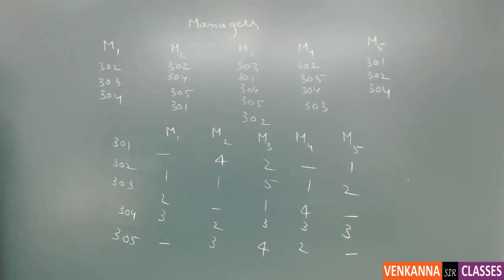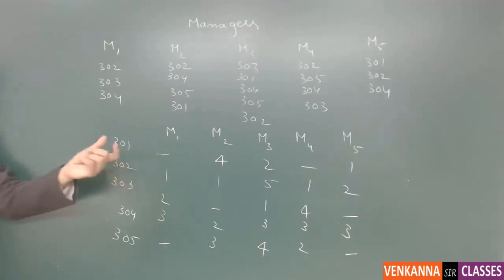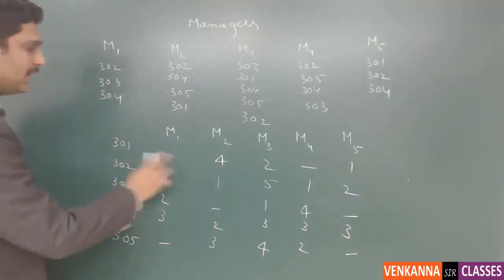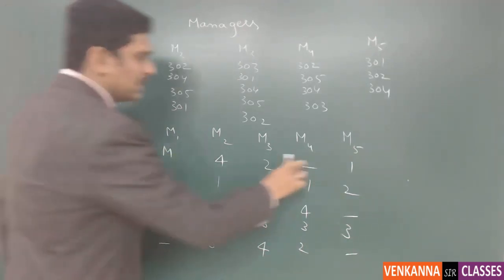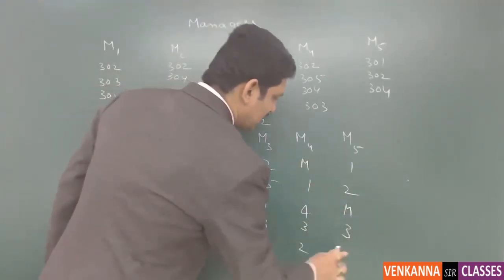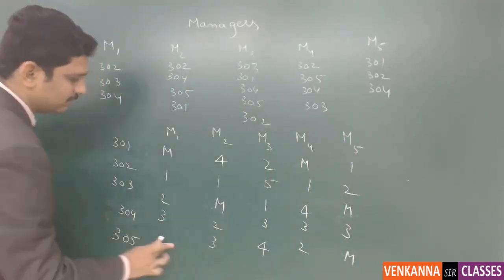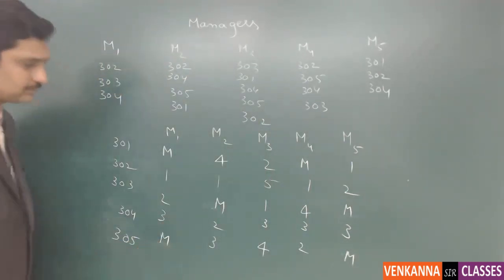Right. So for solving the problem, what happens? These things are not mentioned, so I will take a symbol M. M stands for a huge value, or the last preference, or you can call it a penalty, whatever you want.